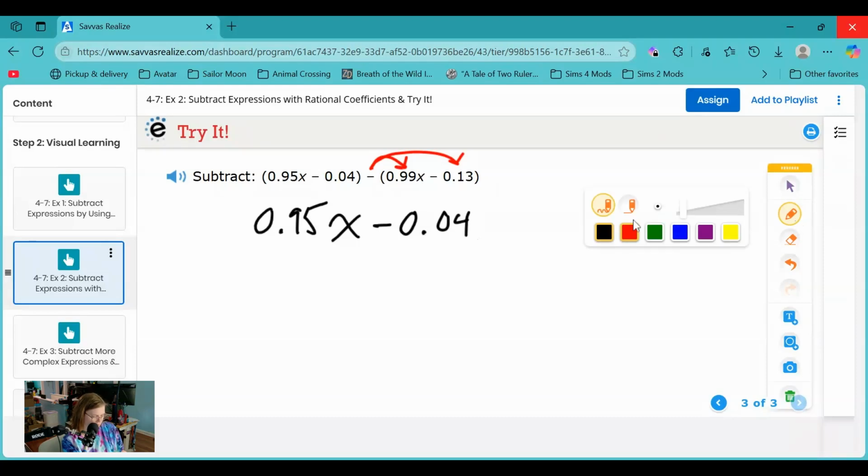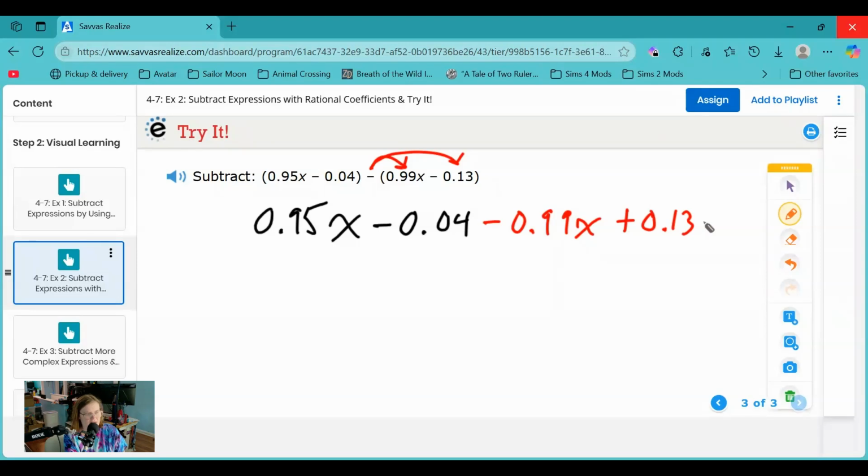And if I do negative times positive 0.99x, that's going to be a negative 0.99x. And if I do a negative times a negative 0.13, that's going to be a positive 0.13.